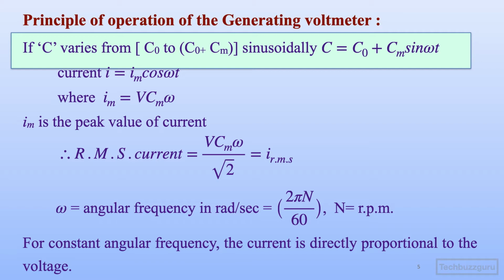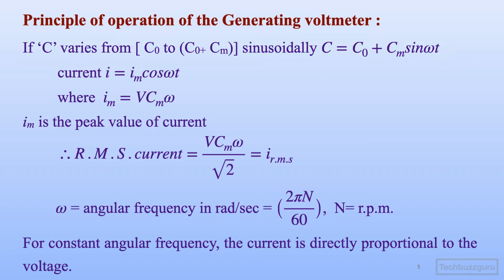So capacitance C will be equal to C0 plus Cm sin omega t, and the current that results from this change in capacitance will also vary sinusoidally.